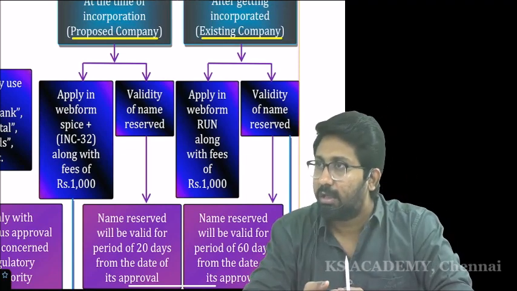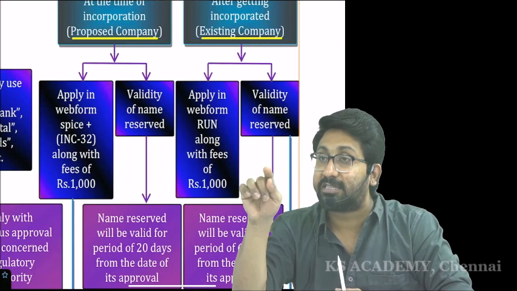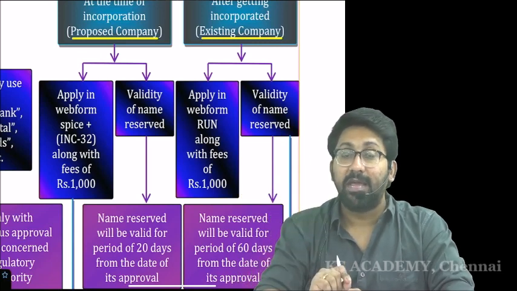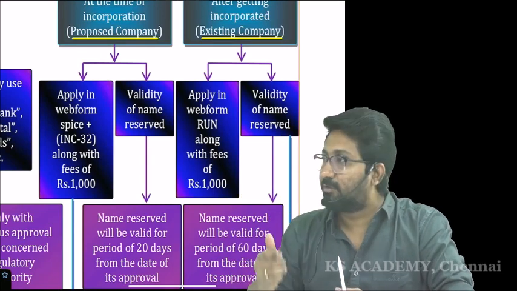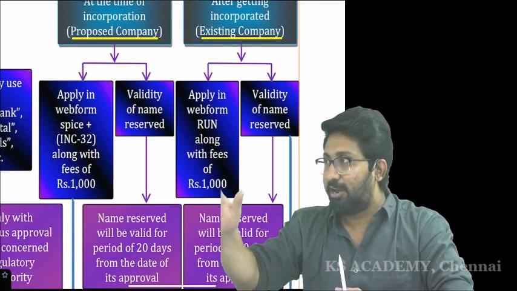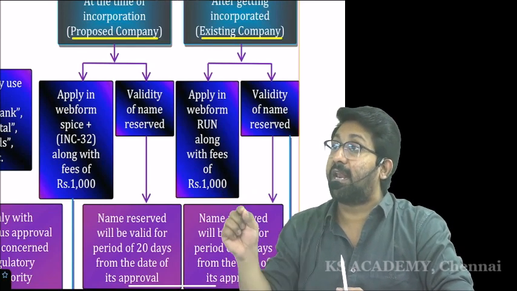Yes or no? If it is a new company, fine. But for an existing company that is already there, what subscribers will you fill? Therefore, you will not take the SPICe form. You will take a form called the RUN form.